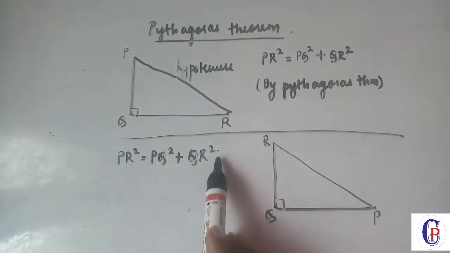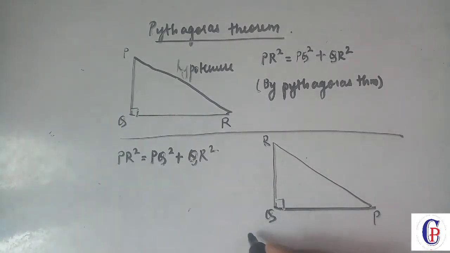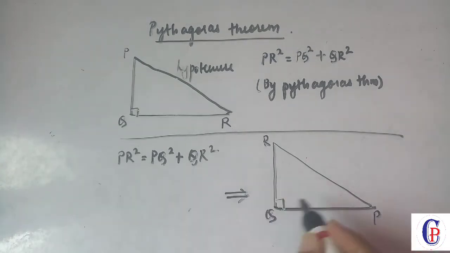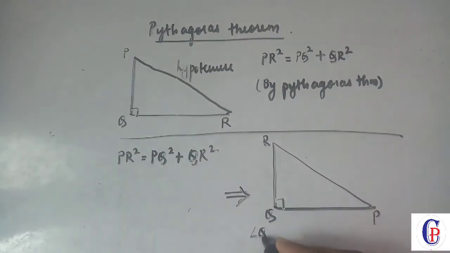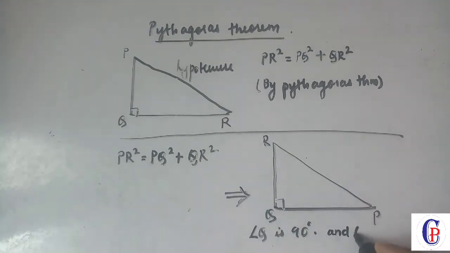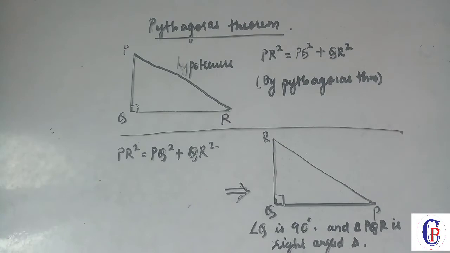So what is our conclusion? We get that angle Q is 90 degrees and triangle PQR is a right angled triangle.